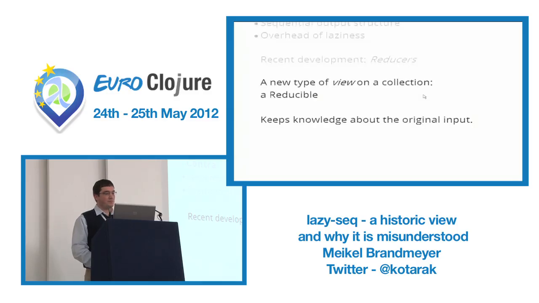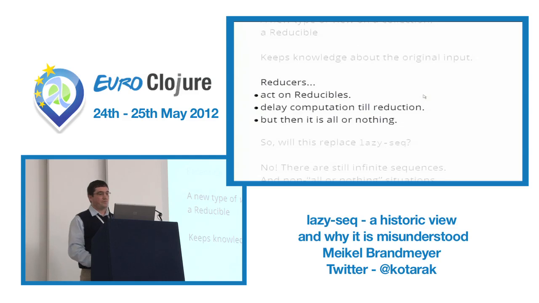And this is, again, a new type of view on a collection. Now you get a reducible, which keeps knowledge about the original input. And then you have the reducers, which also act like the sequence functions on reducibles.